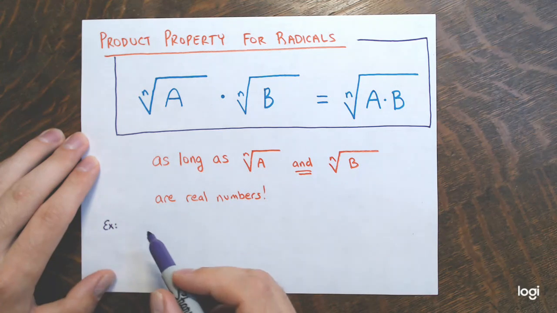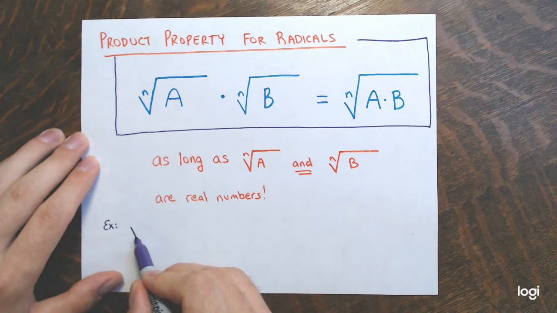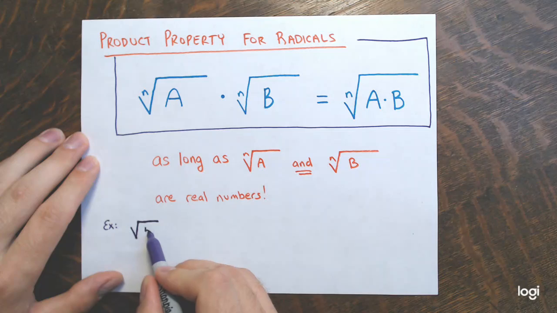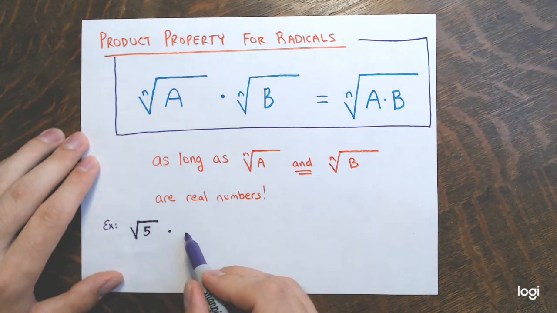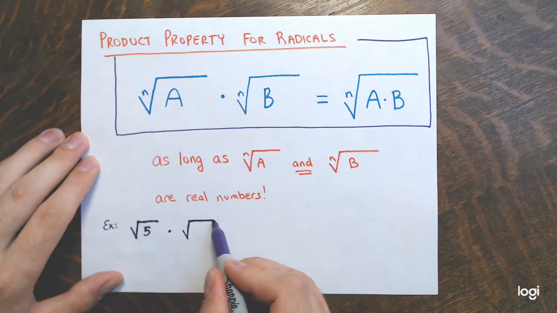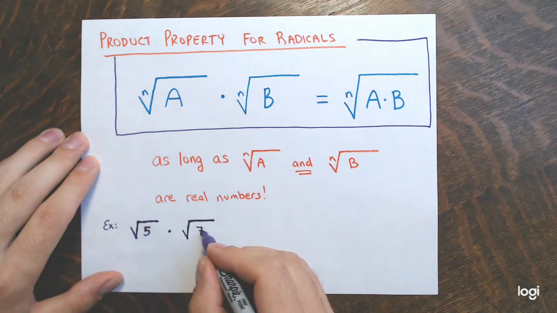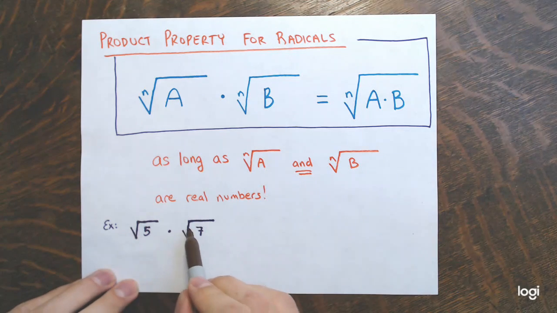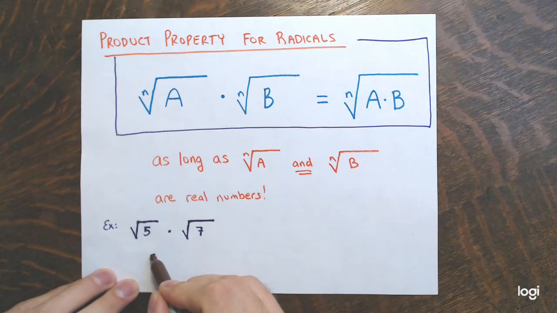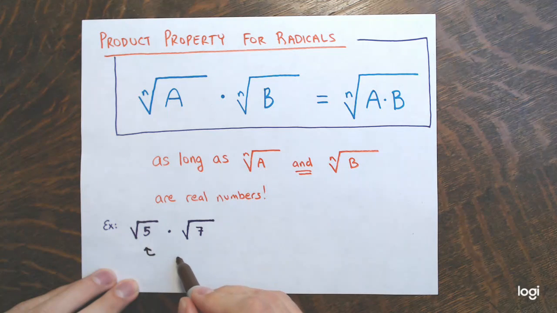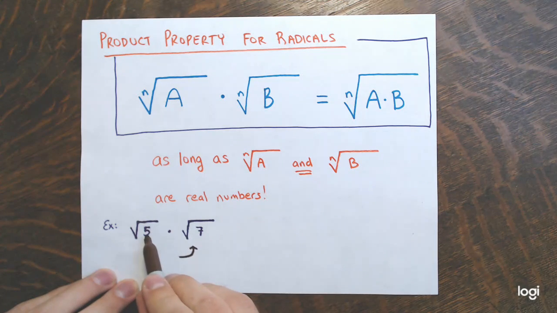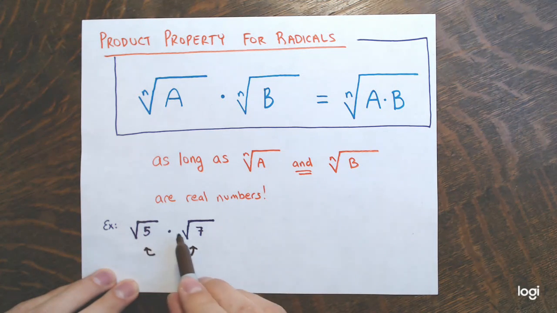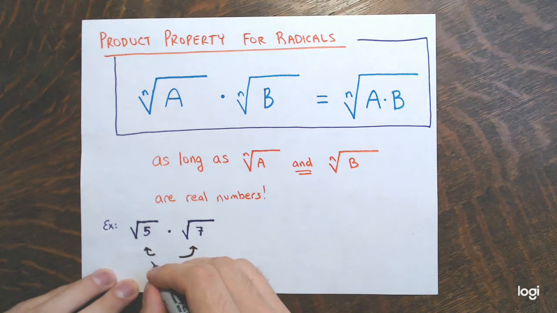So for example, if I took the square root of 5 and multiplied it by the square root of 7, these are both real. You have an even root, and the radicands are both non-negative. 5 is the radicand of this radical, 7 of that radical.